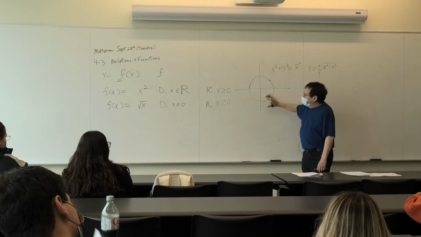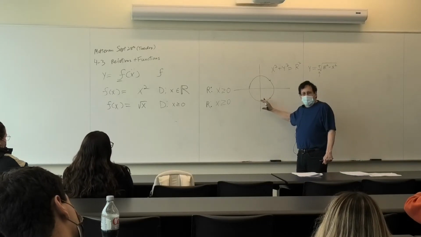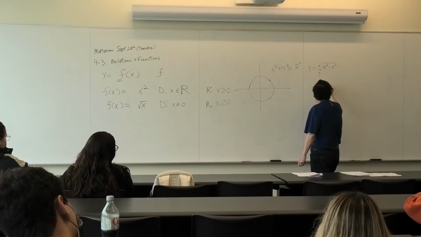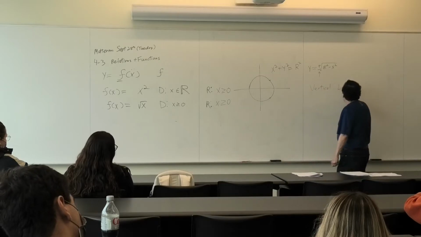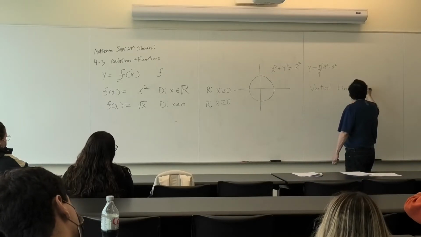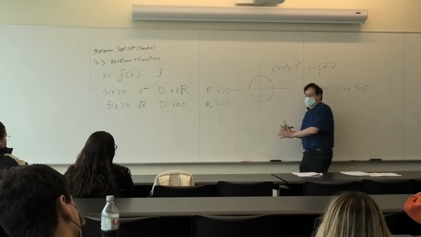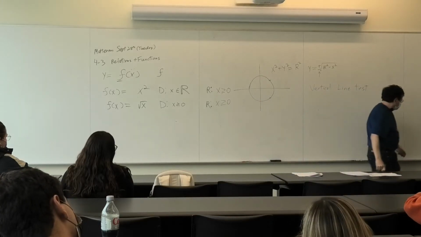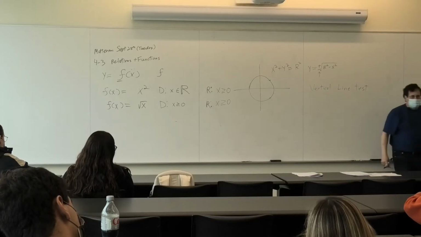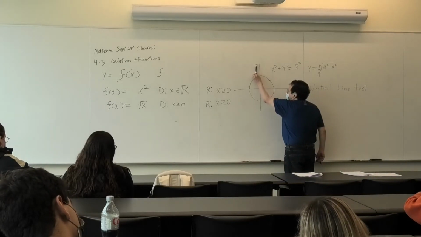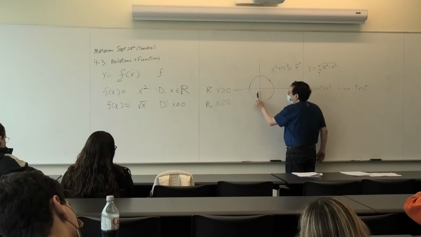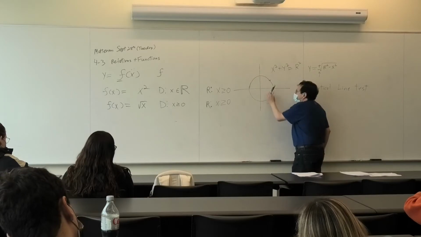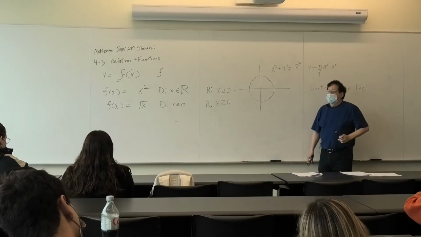But graphically, we have a very simple way of looking at that. It's called the vertical line test. And the idea is you look at your graph. I wish I had a ruler. Well, here. A very short ruler. And you kind of look at vertical lines. And if a vertical line goes through 2 points, it's not a function.